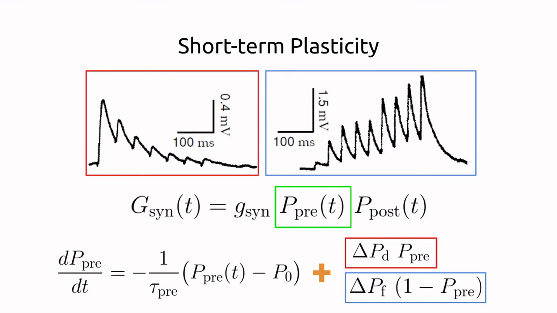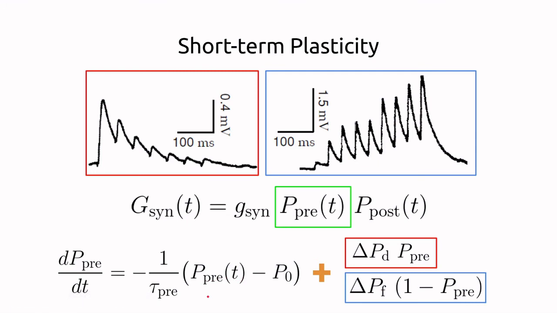But what we will define here is the dynamics of the probability of transmitter release, this P pre of t. We will define it to be an exponential decay from whatever the current value of the probability of release is as it decays back to some resting value P0. And this is again controlled by some time constant tau pre.